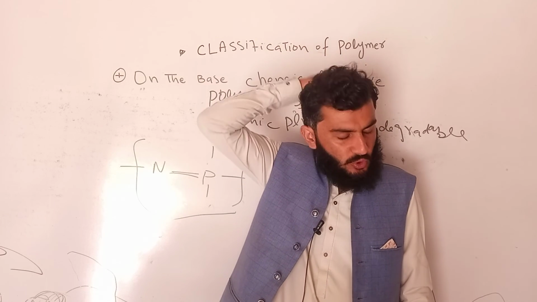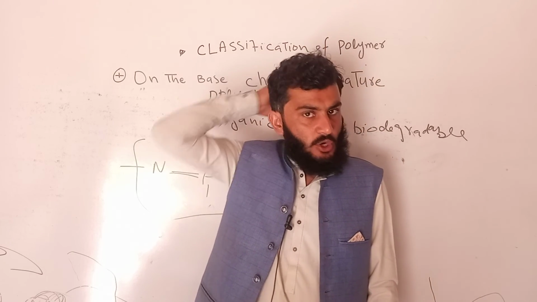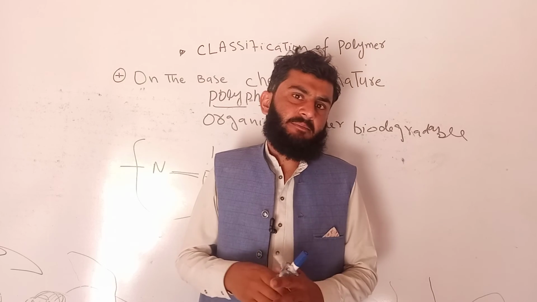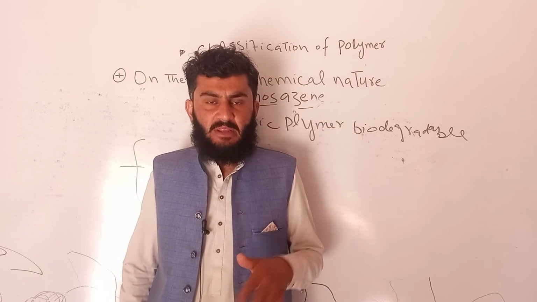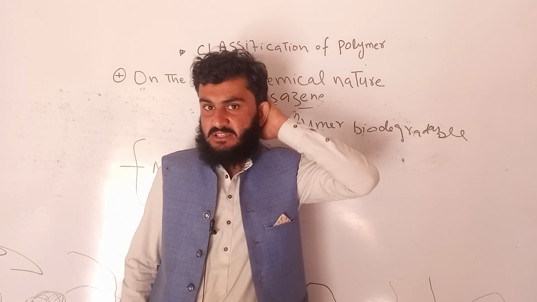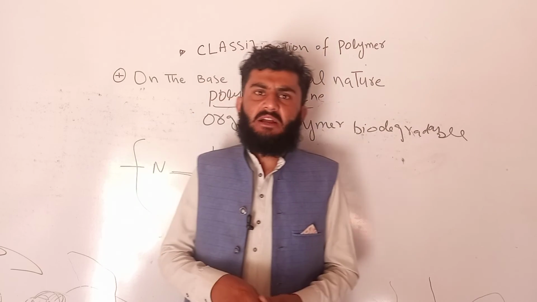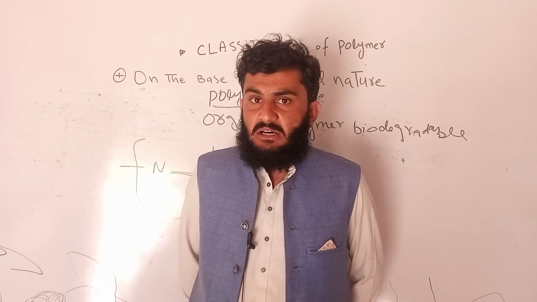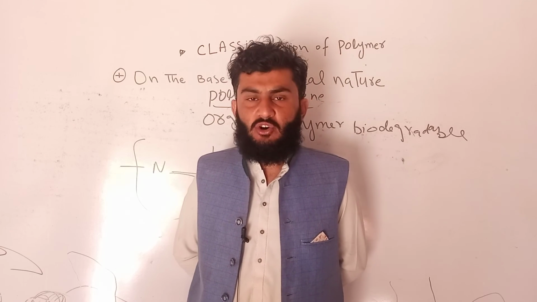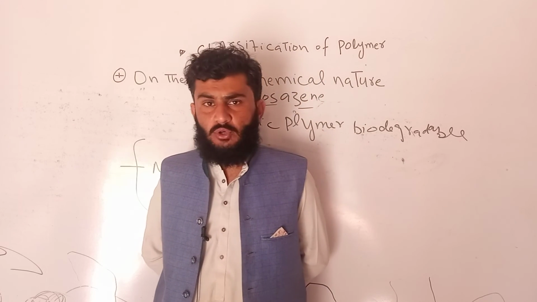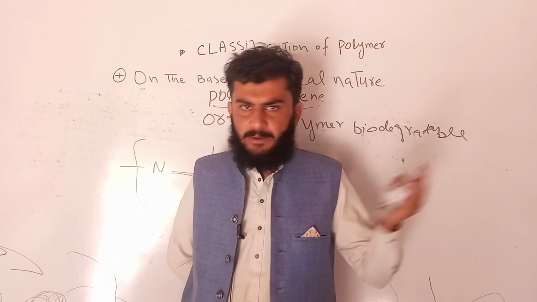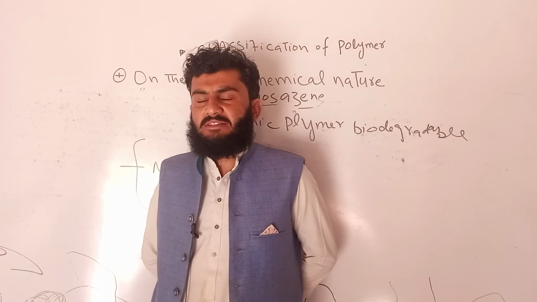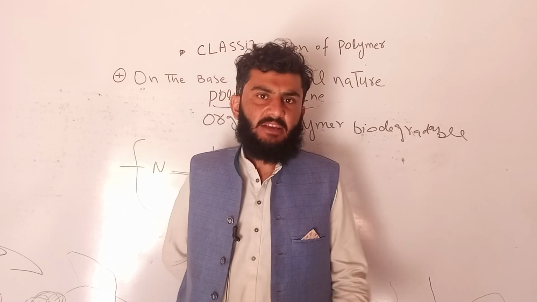So inorganic polymers have a main skeleton composed of elements other than carbon. It may be oxygen, phosphorus, or silicon. For silicon, we have studied siloxane polymer. Siloxane polymers are formed of silicon and oxygen in their main skeleton. One example of siloxane was silicone. Clear?